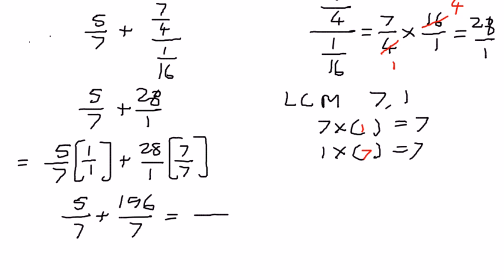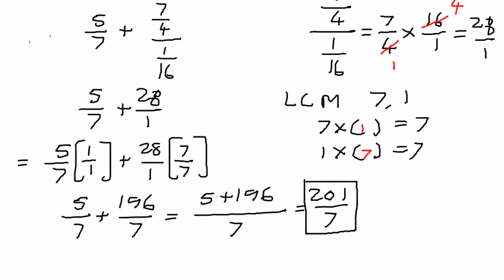Since we have a common denominator now, we're going to write the denominator once and then combine the numerators. 5 plus 196 divided by 7. So this is going to be equal to 201 divided by 7. 5 plus 196 is 201 divided by 7. So therefore the answer came out as an improper fraction of this kind.